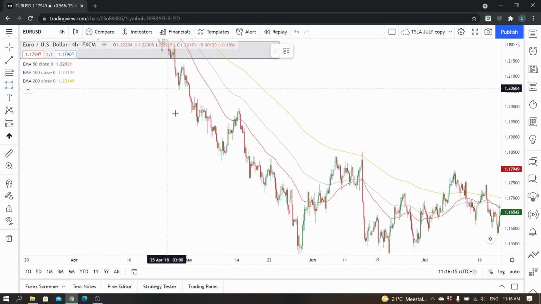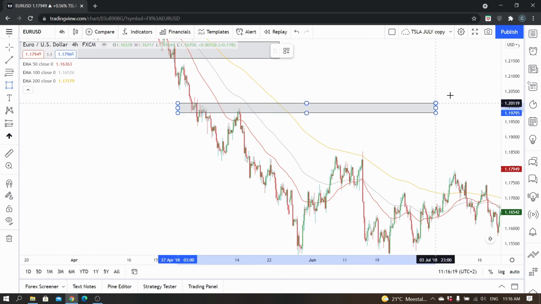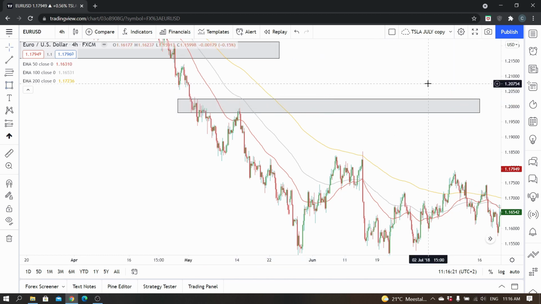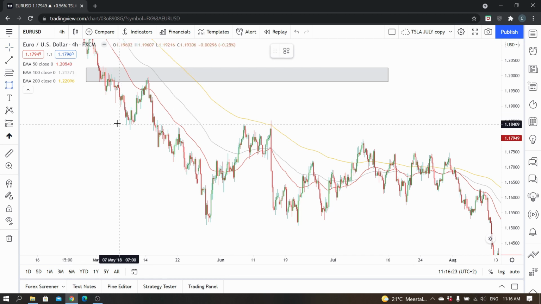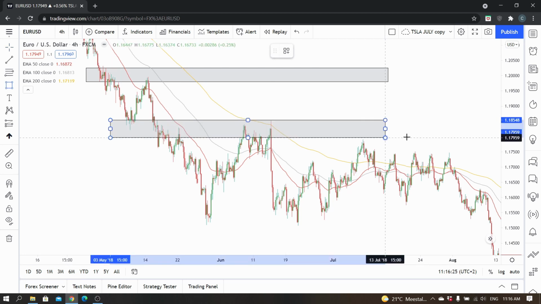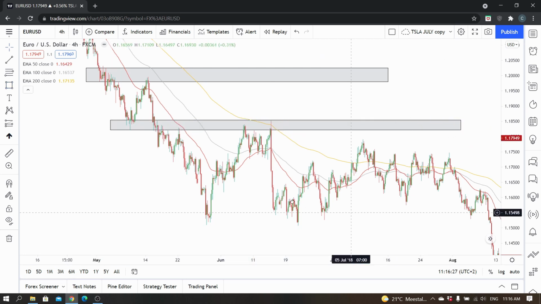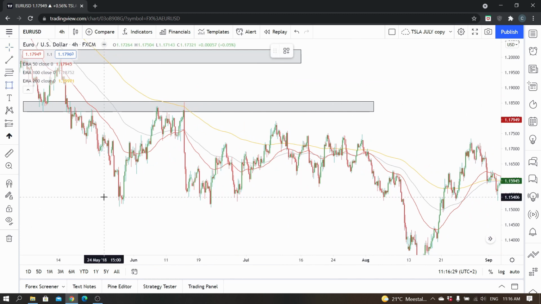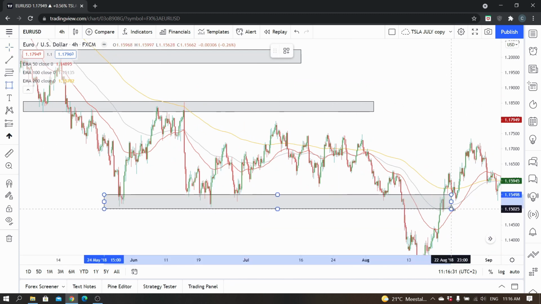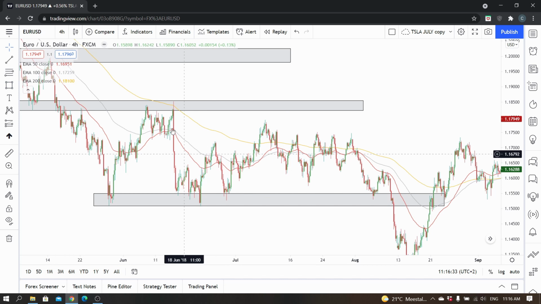Then I would suggest that you keep drawing these, just to keep understanding the market structure and to know when it is about to change. We might see another example right here. The EMAs start to come together again.